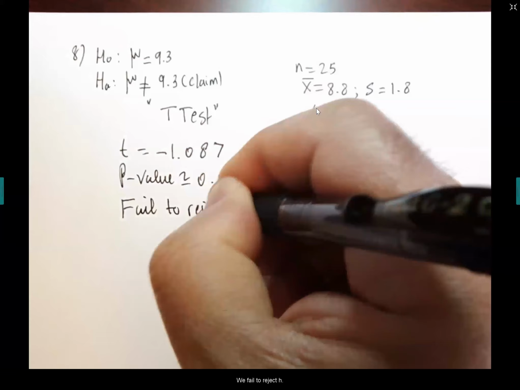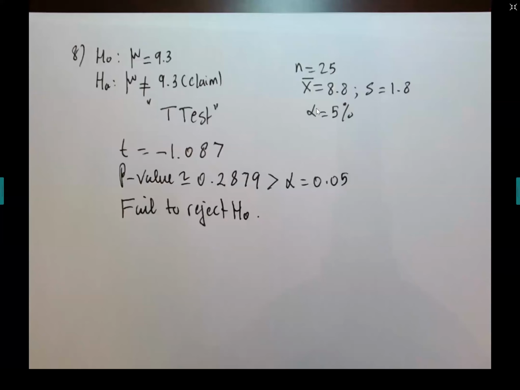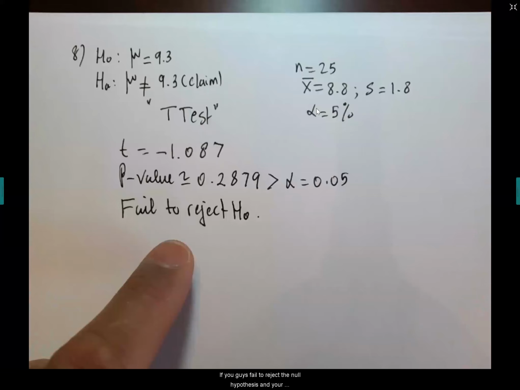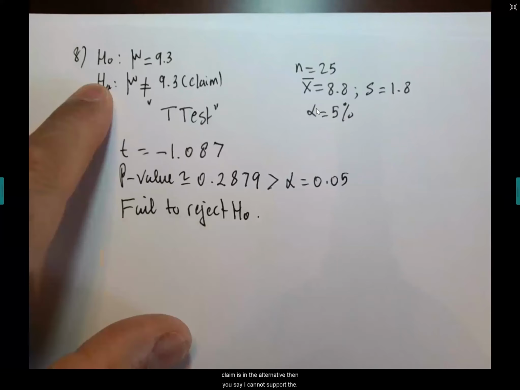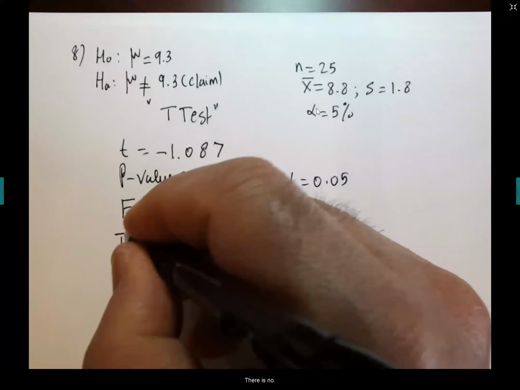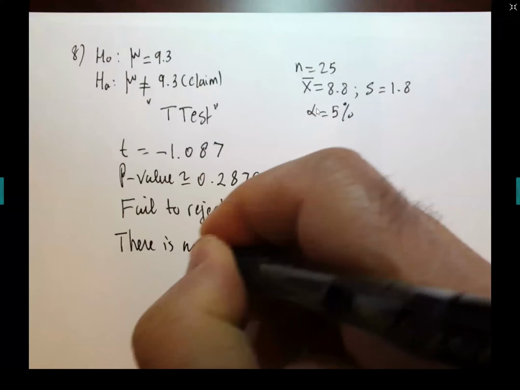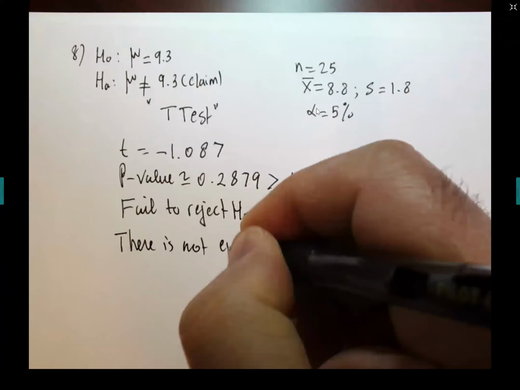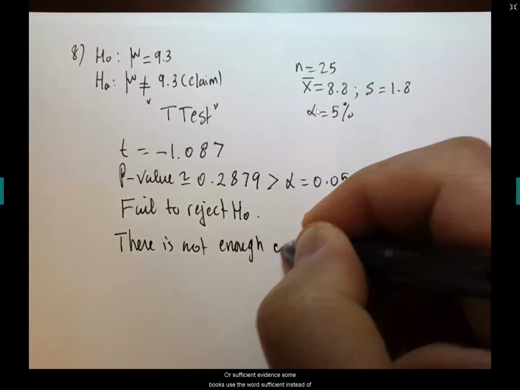We failed to reject H0. If you fail to reject the null hypothesis and your claim is in the alternative, then you say, I cannot support the claim. There is not enough, or sufficient, evidence. Some books use the word sufficient instead of enough.